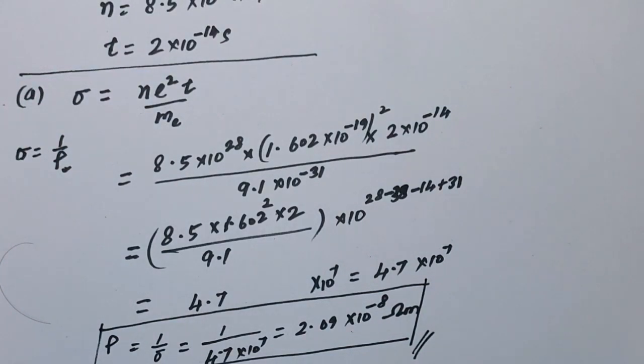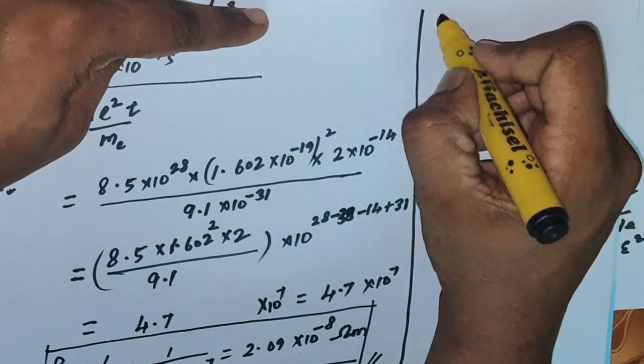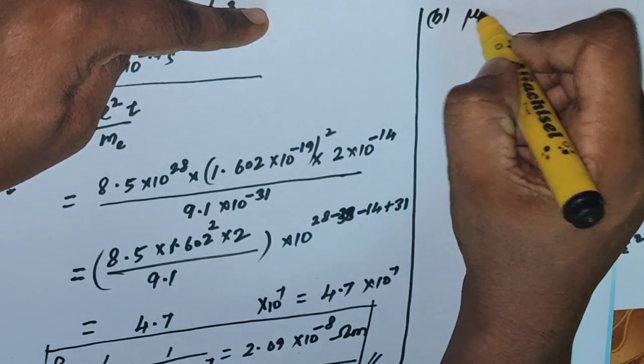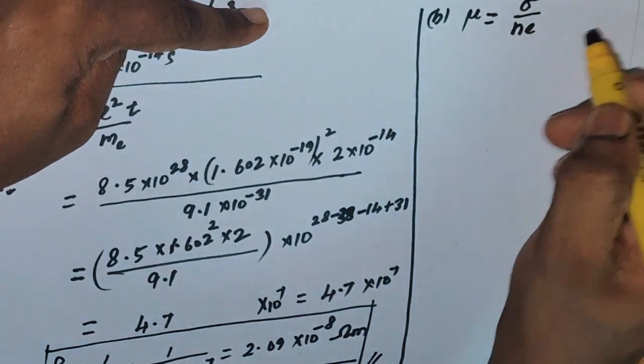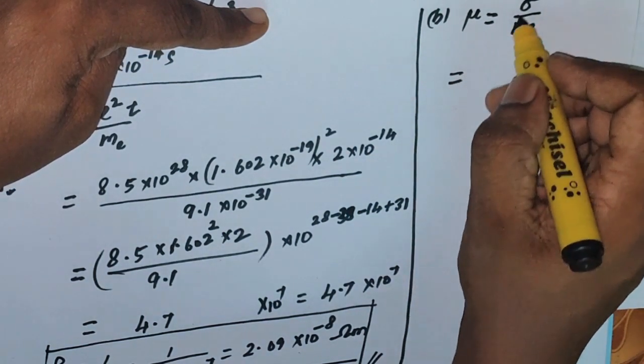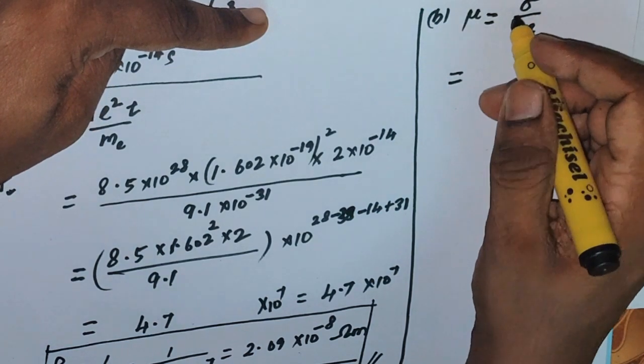Now we have to find the next one, the mobility of the electron in the material. Problem B: the mobility of the electron is equal to the conductivity divided by N e. This we know as the formula; using the conductivity, we can derive this relation.